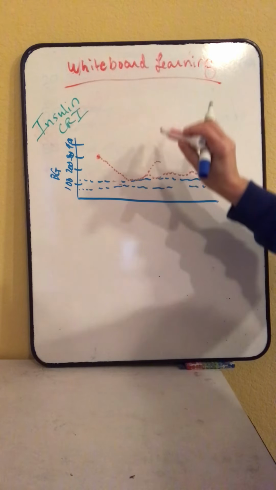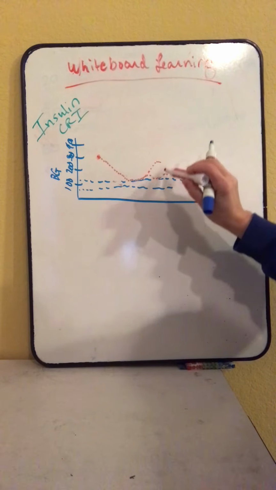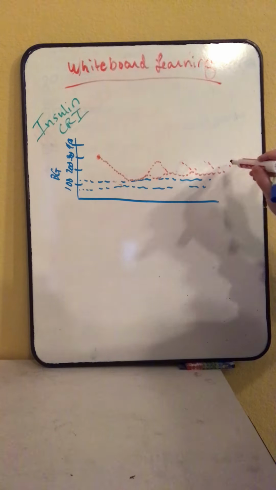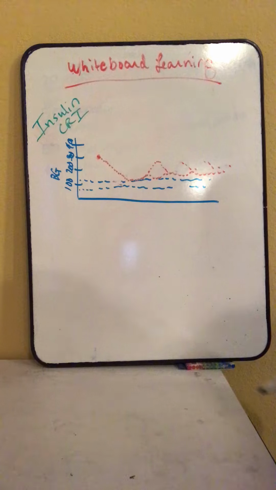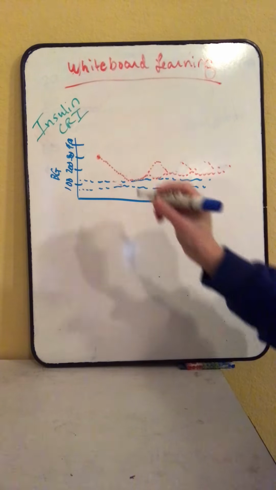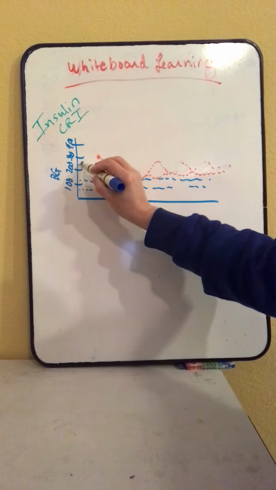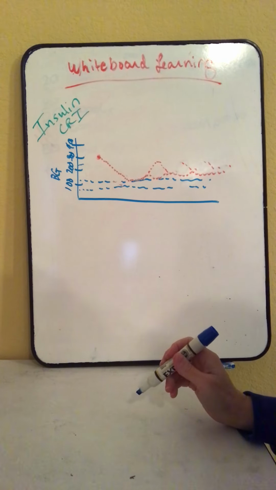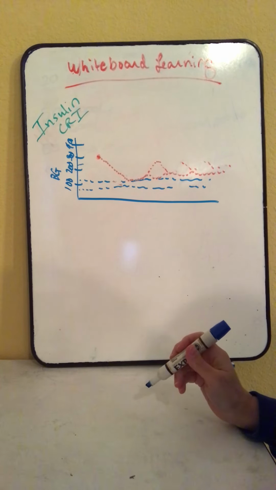We might increase the amount of insulin we're giving, and then we would see it drop down. And we try to, number one, not drop the sugar more than about 50 milligrams per deciliter per hour, because that can cause osmotic changes that could be bad for the brain.